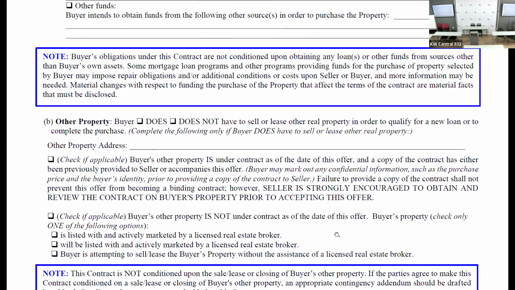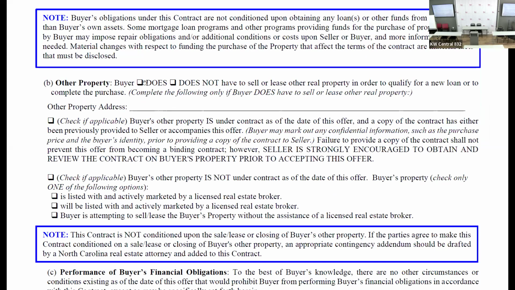Here we have whether they do or do not have to sell. You would put the property address here. If it's under contract already, you check this. If it is not under contract, then it either is listed, will be listed, or they are trying to do a for sale by owner.